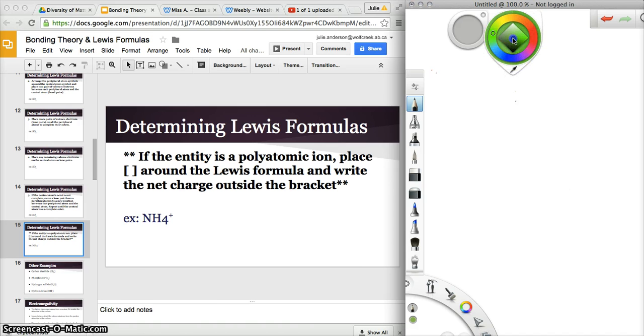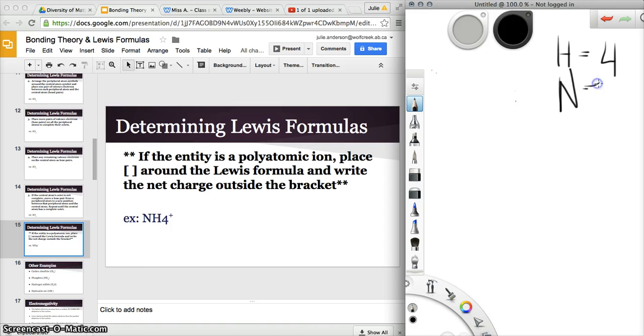When we look at NH4, each hydrogen atom can carry 1 electron, which means that hydrogen has 4 electrons because we have NH4, and nitrogen has 5. All right, so that makes for a total of 9 electrons that we can have between the nitrogen and the hydrogens.